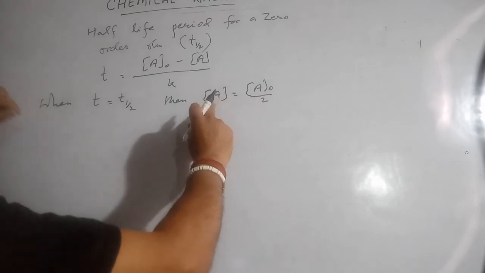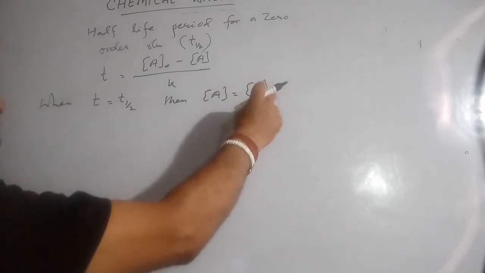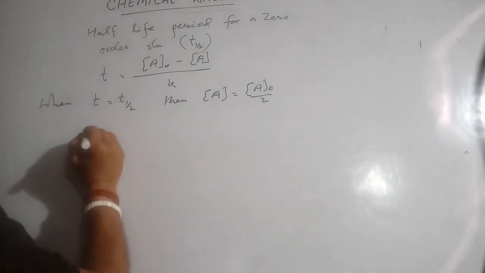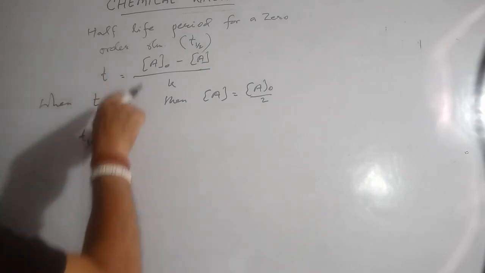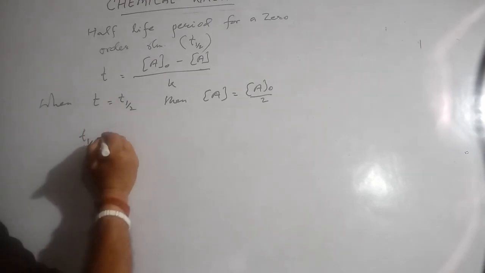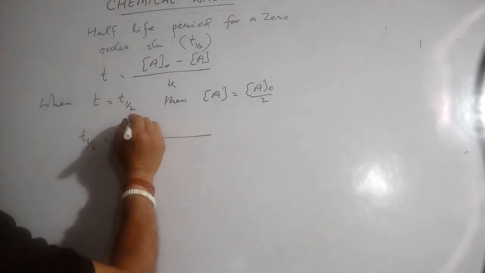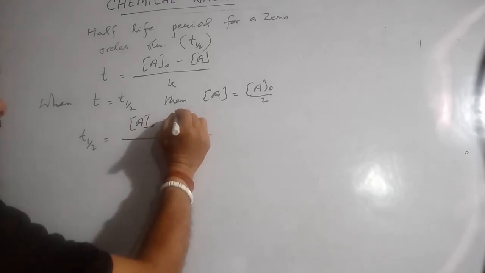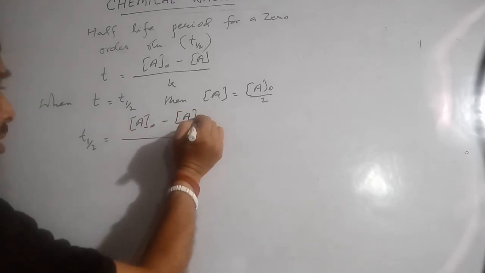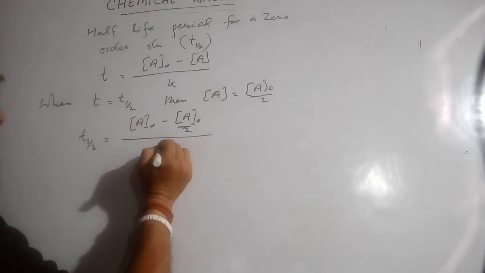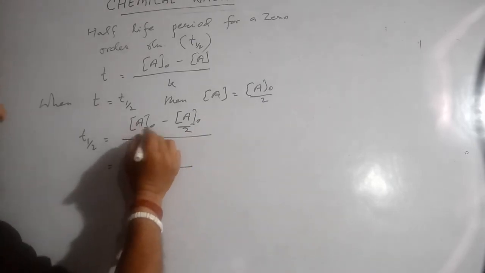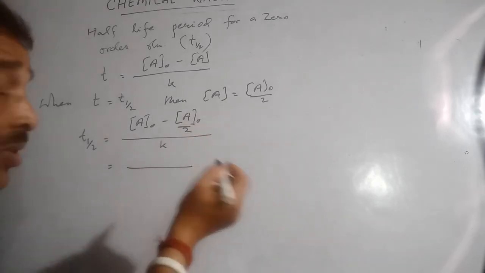Substituting the value of A as A naught by 2 in this equation, we get T half is equal to initial molar concentration of A minus initial molar concentration of A by 2, all divided by K, and x minus x by 2 is x by 2 only.